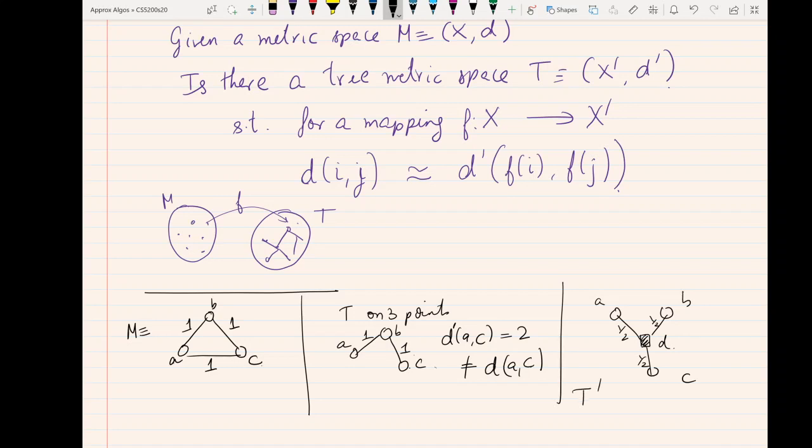So here you have a tree T prime such that the distances between the points A, B, C in T prime are equal to the original distances. So there's a mapping between this metric space and a tree. The only caveat is that you have one extra point in the tree over the number of vertices, which is usually fine for most cases.